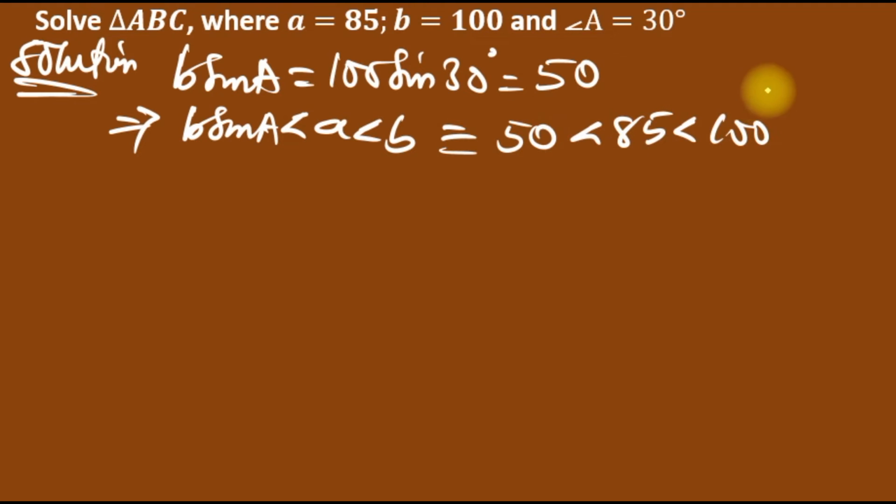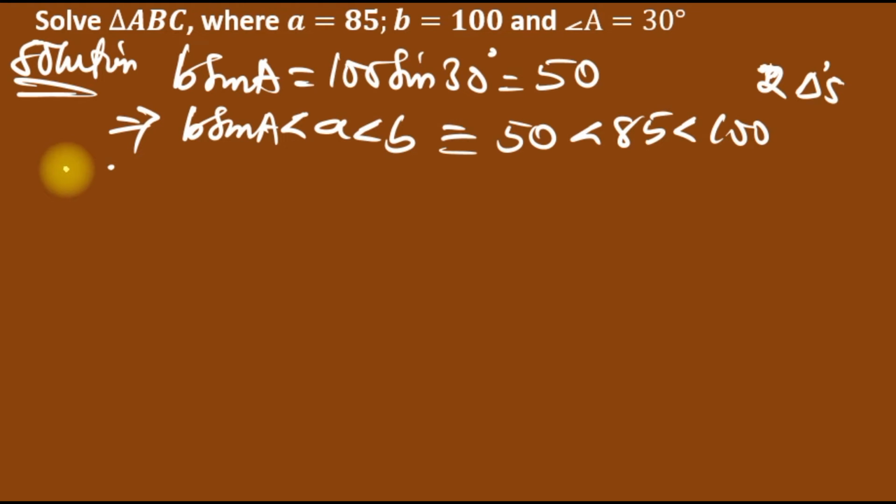So in this case, two triangles must be formed. So we must find each of them. So the first triangle, let's use our sine rule.